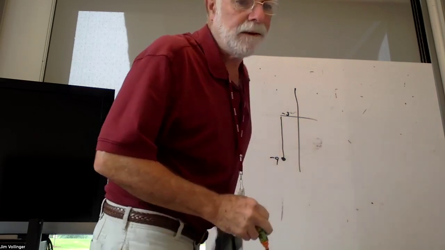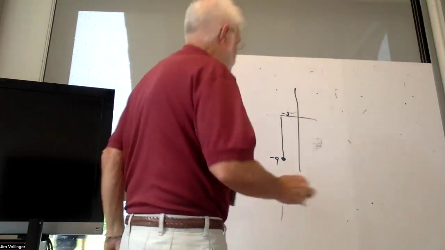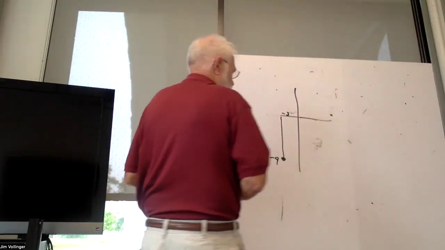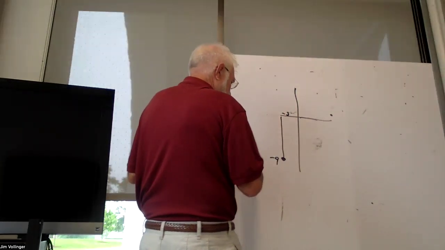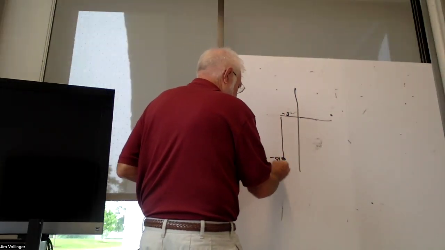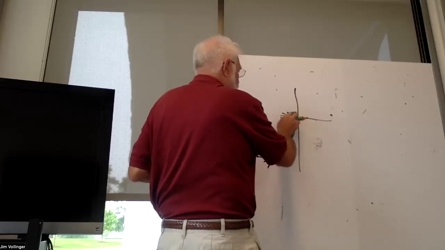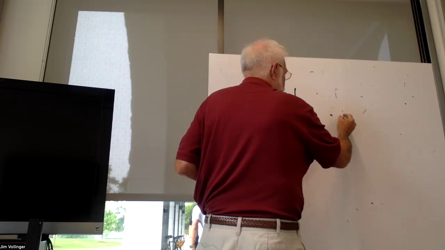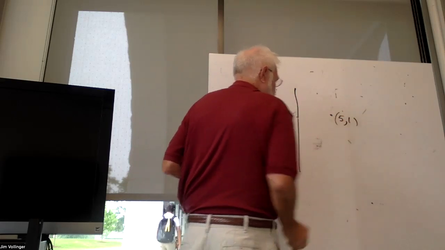That's how you plot. And then we're going to go to 5, 1. So if that's -3, I think 5's about here, 1's about there. So -3, -9 is here. I'm going to erase this and call this 5. I think it'll be easier to see.